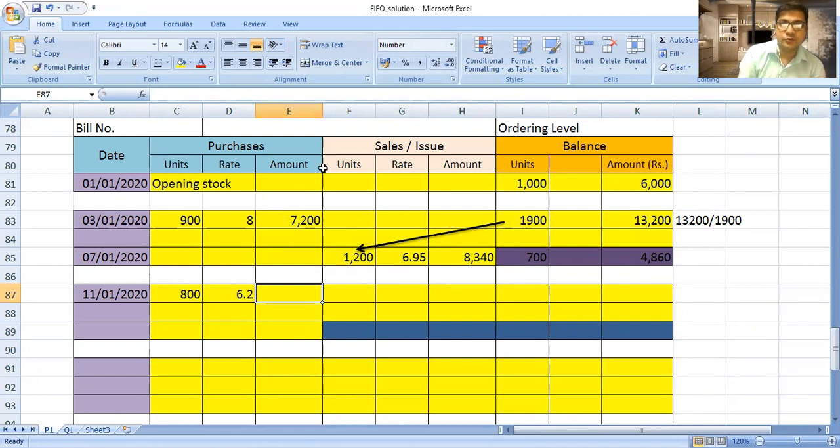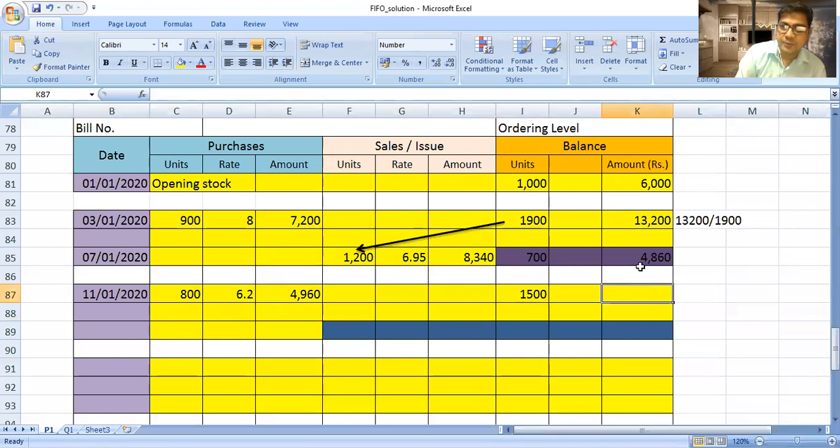Yes, many students got 4960. Everyone has got it now. Now we have a previous closing balance 700 and new purchase plus 800. The total balance is 1500 units.